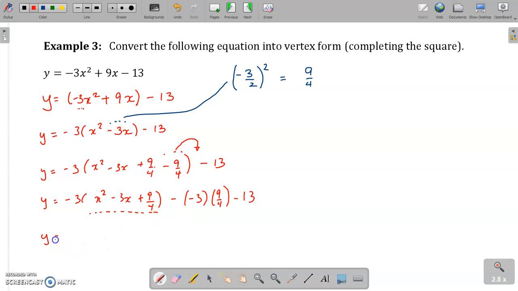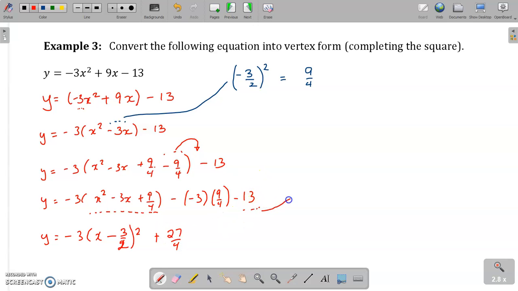So that means this would be negative 3 times x minus 3 over 2, all squared. Now we have to simplify this part. So negative and a negative is positive, so then we would have plus 27 over 4.